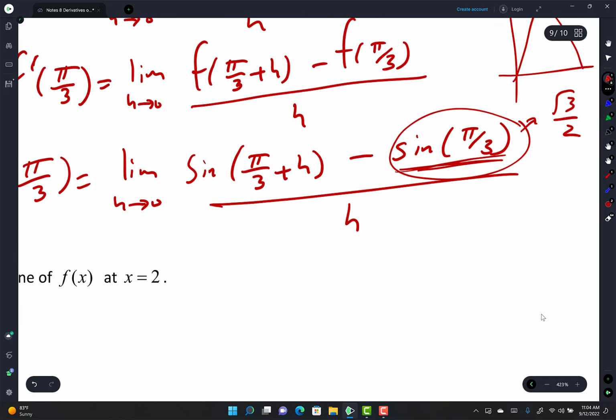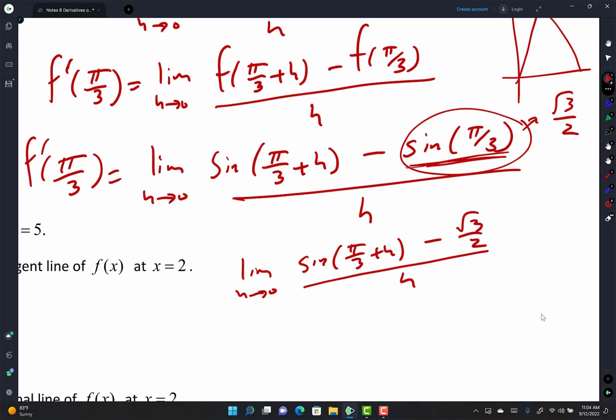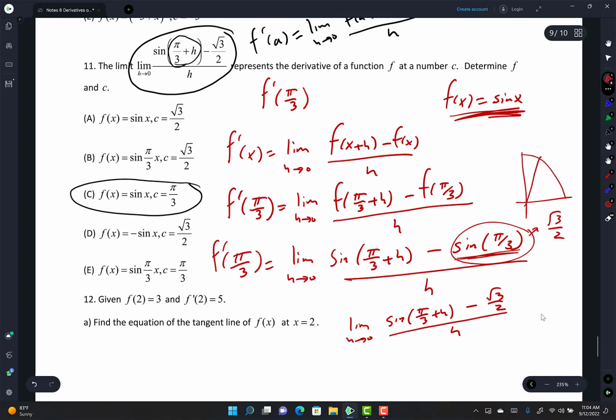And that's what I have in that question. So limit as h approaches 0 of sine of pi over 3 plus h minus square root of 3 over 2 all over h. What was my function? Sine x. At what value did I want it? Pi over 3. Does that make sense, guys? Okay, if you want to write down some notes or put some details on what we just did there. What was the question on the screen?